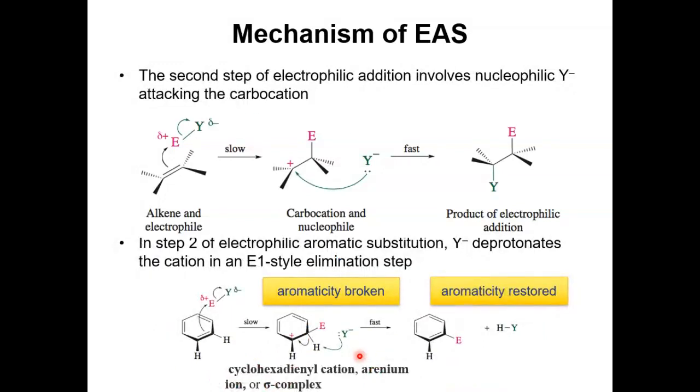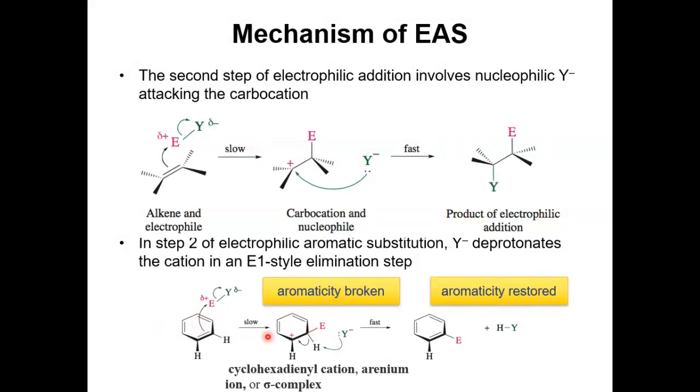The other way to view it, which reinforces the first step being rate limiting, is to keep your eye on the aromaticity of the substrate. In the first step, you're breaking the aromaticity.